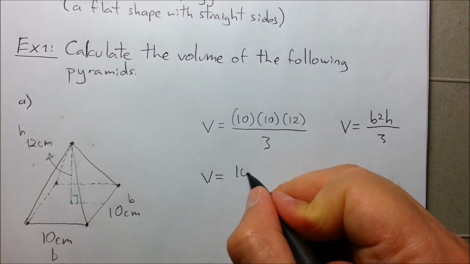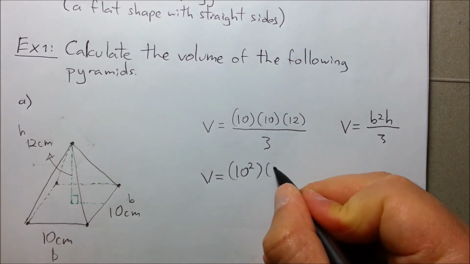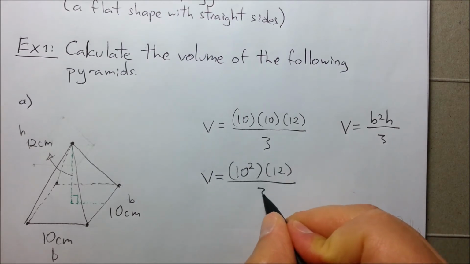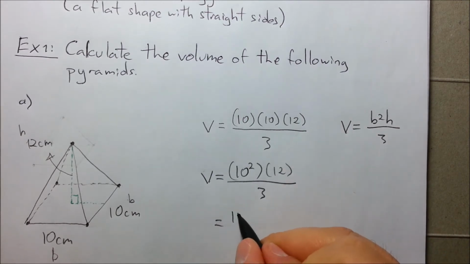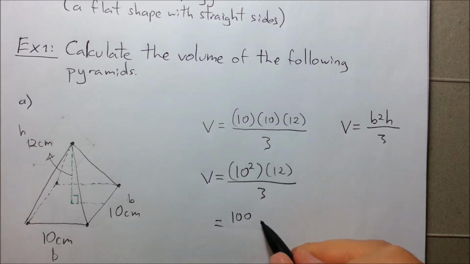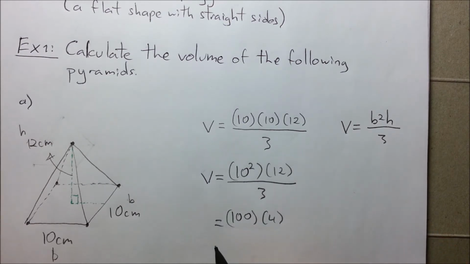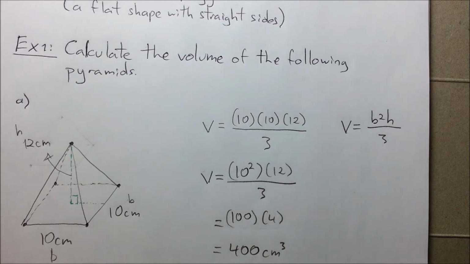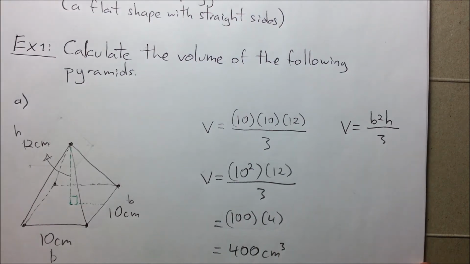So in other words, this is like saying 10 squared times 12 divided by 3. And of course, 10 squared gives us 100, and then 12 divided by 3 gives us 4. So we end up with 100 times 4. The answer for this would be 400 centimeters cubed. Alright, so this is the volume of the square-based pyramid.